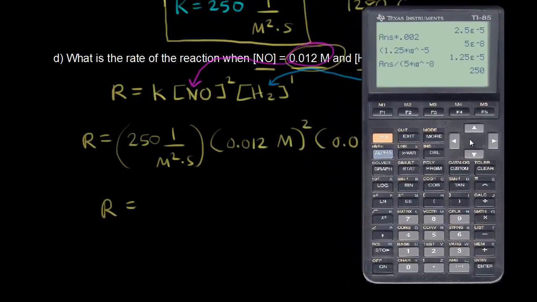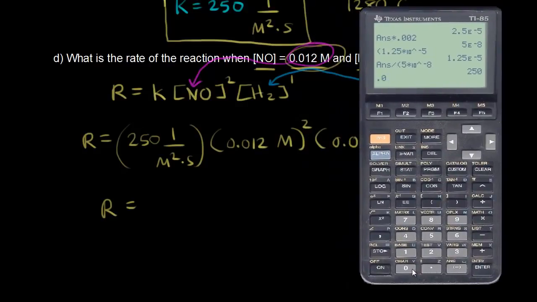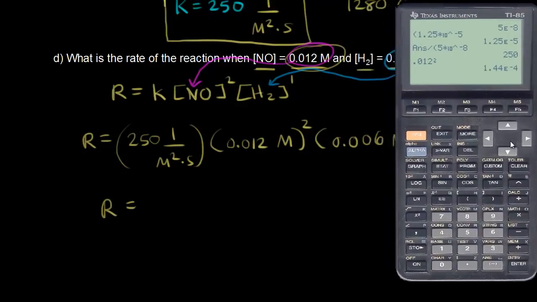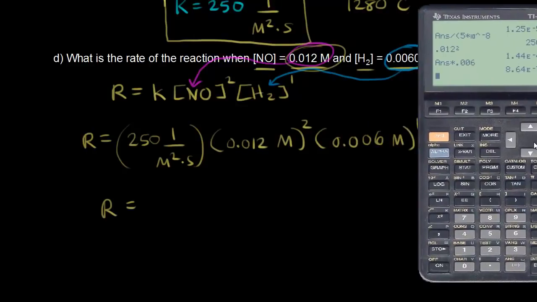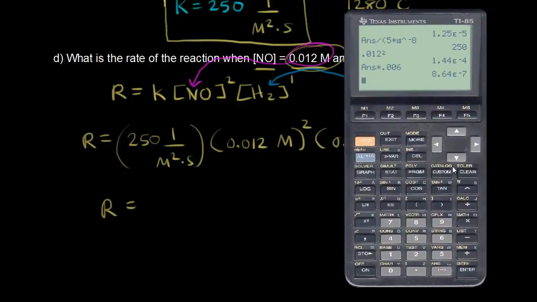So we have 0.012 squared, and we're going to multiply that by 0.006, and then we also need to multiply that by our rate constant K, so times 250. And this gives us our answer of 2.16 times 10 to the negative 4. Let's round that to 2.2.